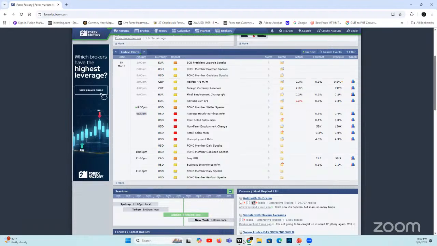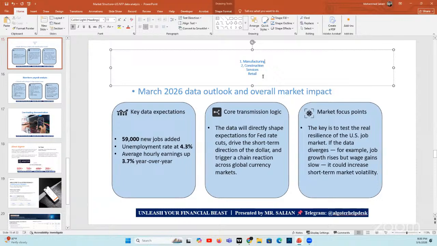In a strong NFP, strong NFP means more jobs.